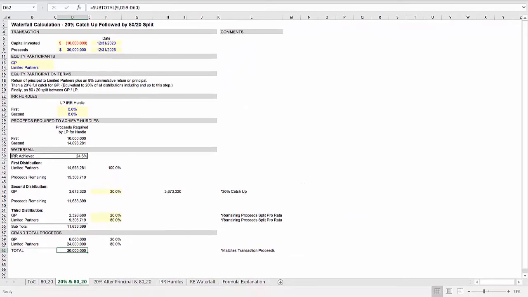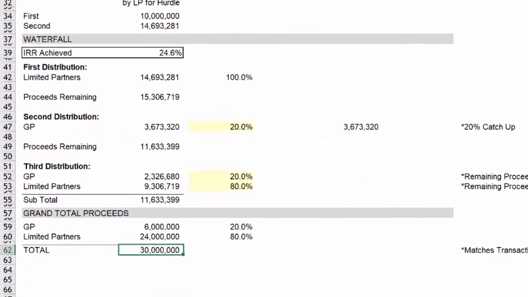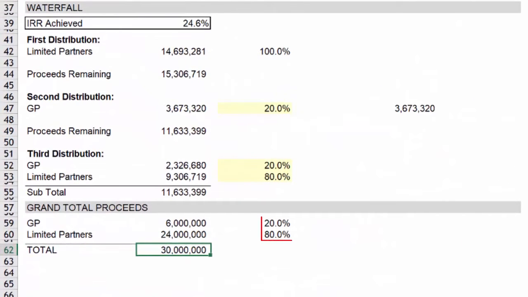And then again at the bottom, you'll see that our proceeds in row 9 are equal to our total proceeds in row 62. And the nice thing about this distribution waterfall as an educational example is that so long as there are sufficient proceeds to work past the second distribution, the total split between the GP and LP will work out perfectly to 20% and 80%, which makes it pretty easy to check your math.